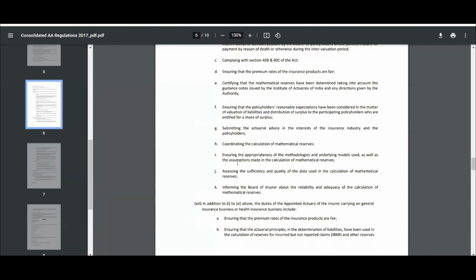So the appointed actuary is looking into the reserve. The appointed actuary is the owner of the reserve, right? And the appointed actuary is the person who is saying that yes, the reserve is sufficient under all circumstances. He's taking all the ownership.